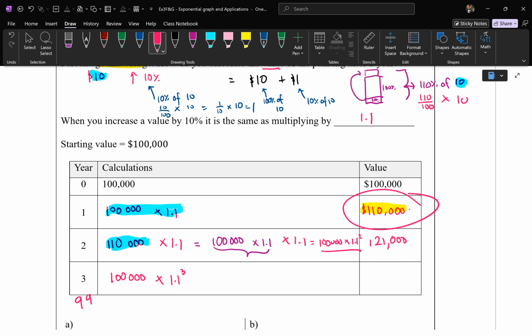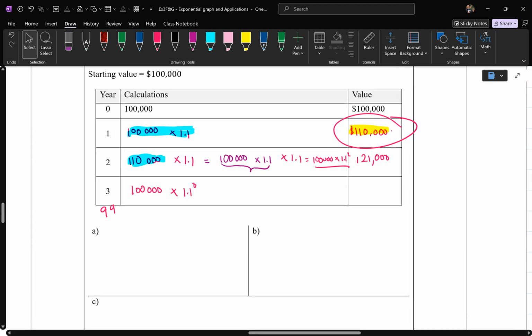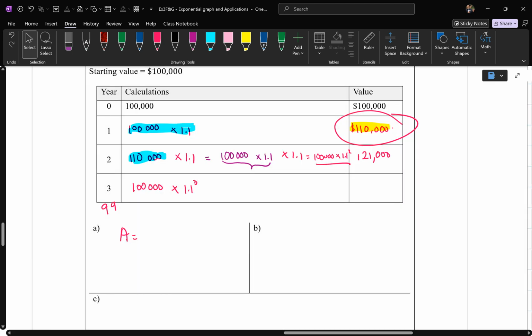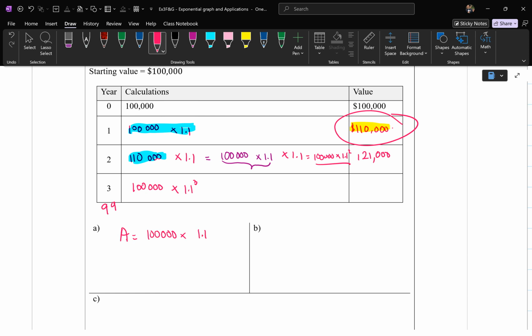So if I asked you about year 99, you just need to know how much you had to begin with, and it's times 1.1 to the power of 99. And you can calculate that. So if I asked you to model it now, answering part A, we can say the model is the amount is equal to how much you started off with, which was 100,000, times by 1.1, which is the 10%er, to the power of, well, it depends on how many years you want it to be left for.